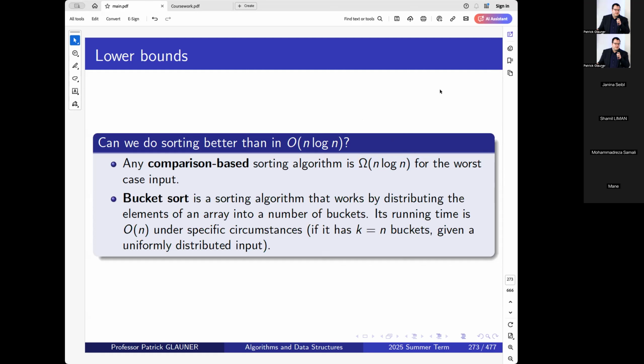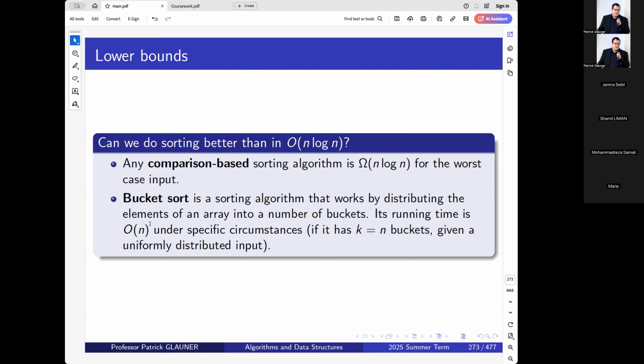There are some other sorting algorithms that are not based on comparisons. There's, for example, the bucket sort, which tries to put your data into different buckets or distribute your data into a number of buckets.